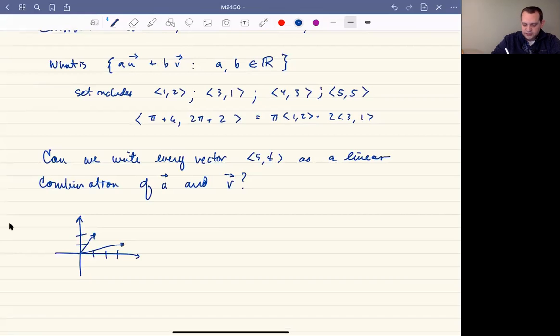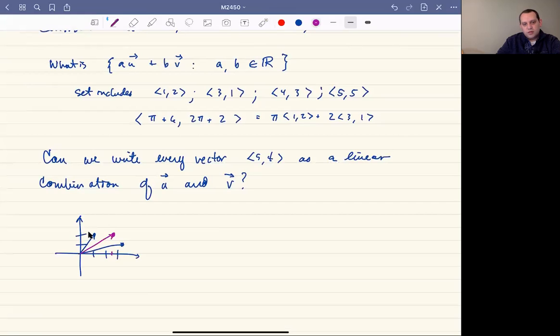Now, let's pick some random point, say here, say (2.5, 2), something like that. And I want to think about how we could write this point, or equivalently this vector if we start at the origin, as a linear combination of the other two.